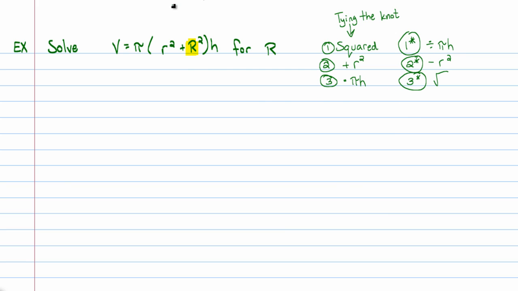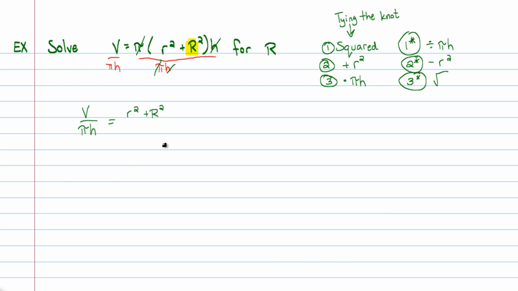If I divide both sides by pi h, you'll see on the left-hand side nothing cancels. We just have a V over pi h. But on the right-hand side, pi over pi, those common factors cancel, and h over h, those common factors cancel, and I'm left with a little r squared plus a big R squared.